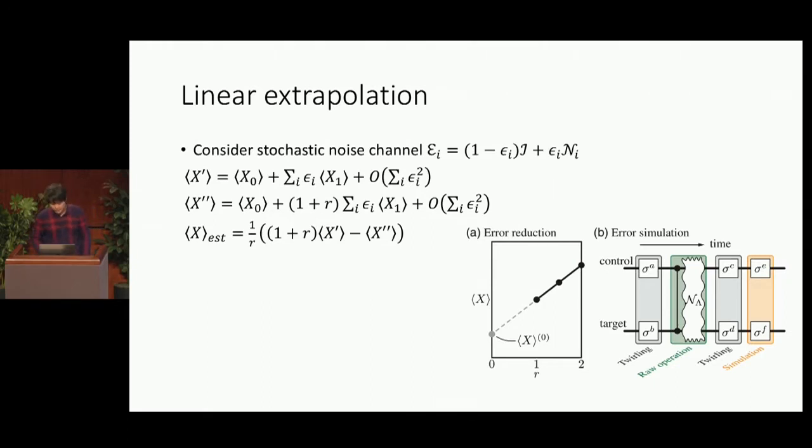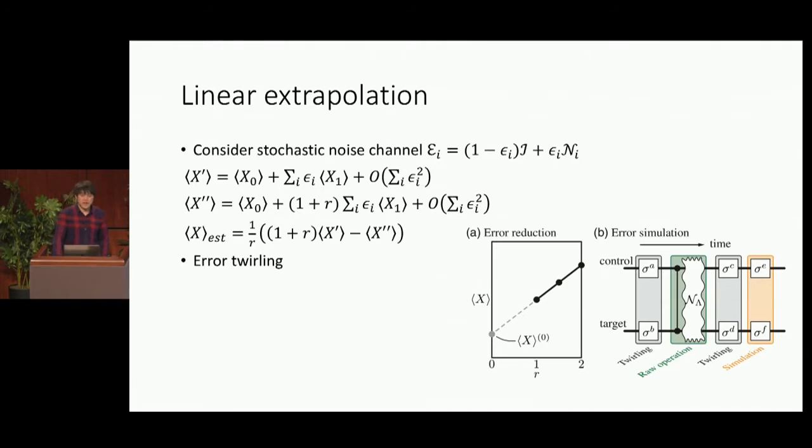In practice, we can also convert an arbitrary noise model to the stochastic noise model by using the twirling technique. That is, we can just add extra Pauli matrices before and after the gate to convert an arbitrary noise model to a stochastic noise model.